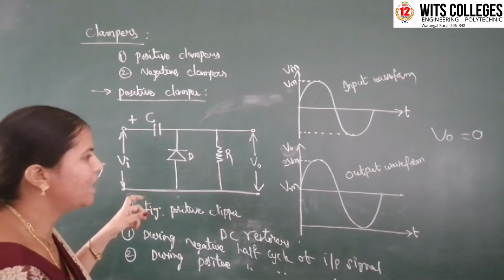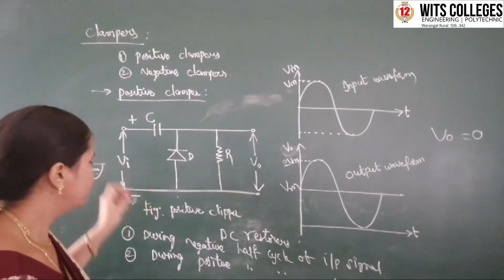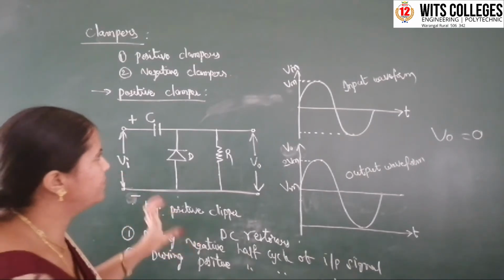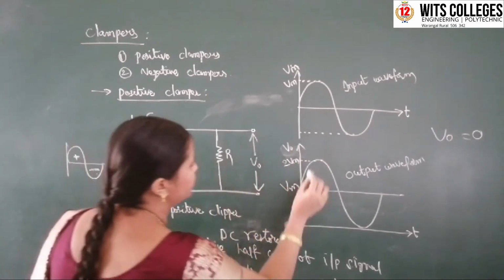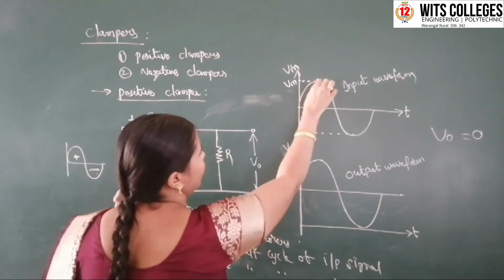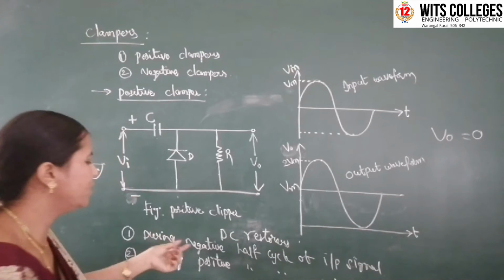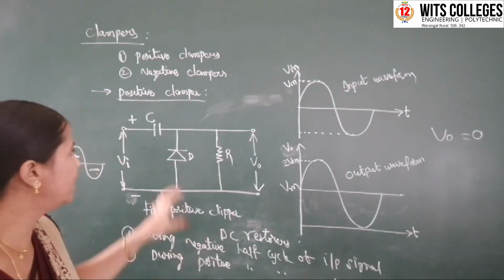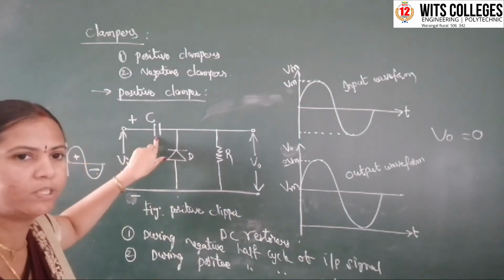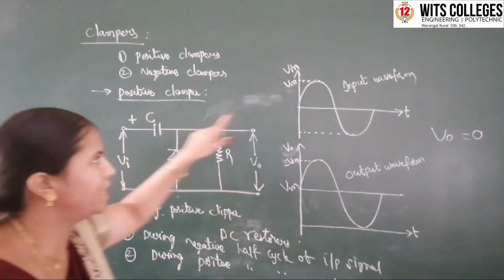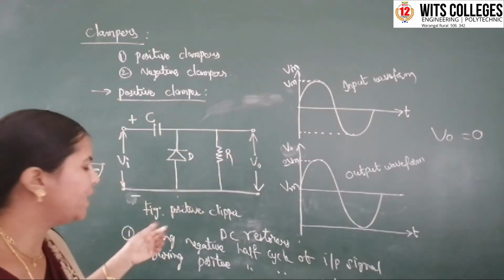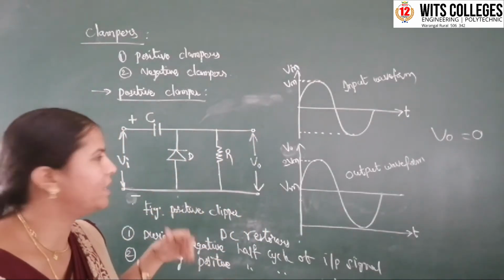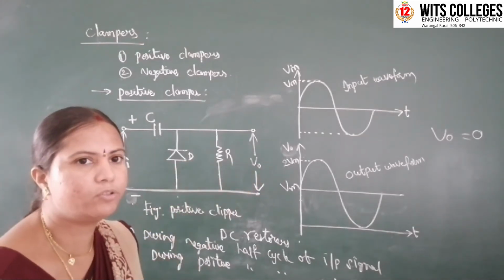During the negative half cycle, the capacitor C is going to be charged up to the maximum voltage Vm, but the clamper output voltage V naught equals 0.